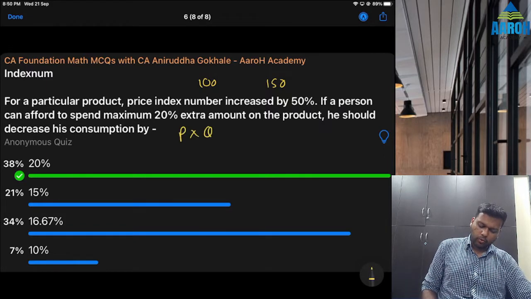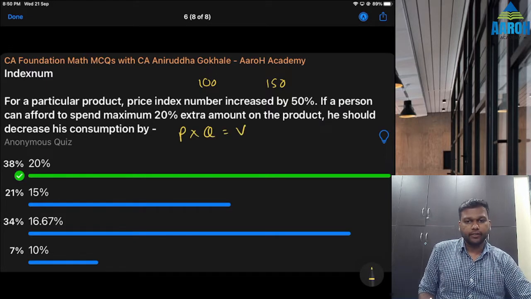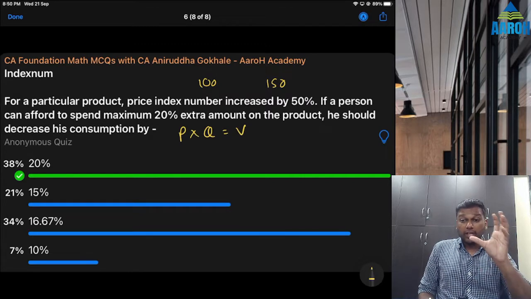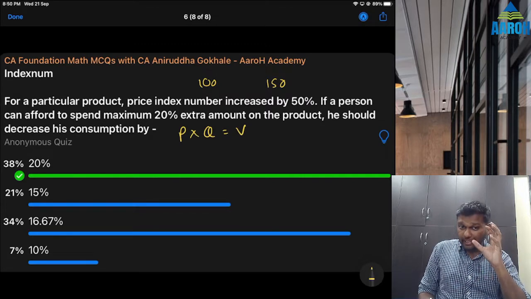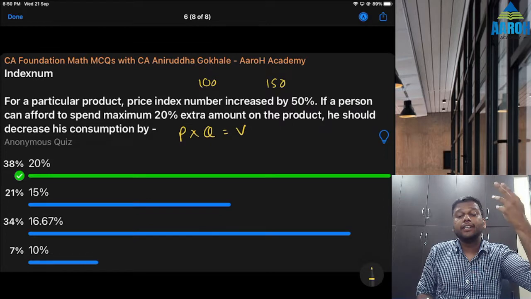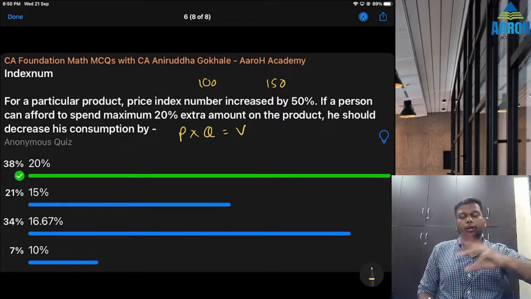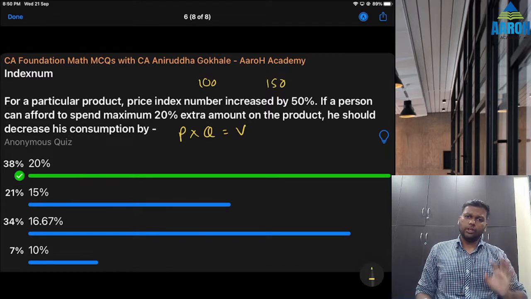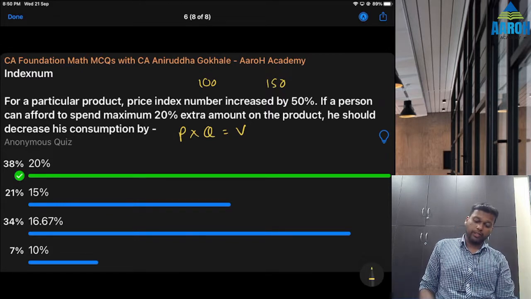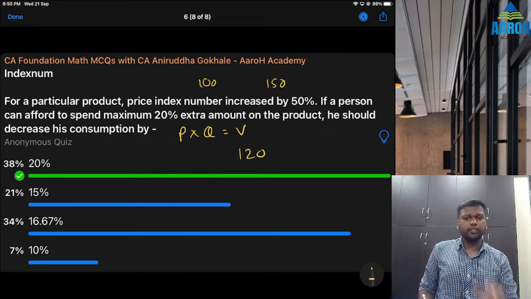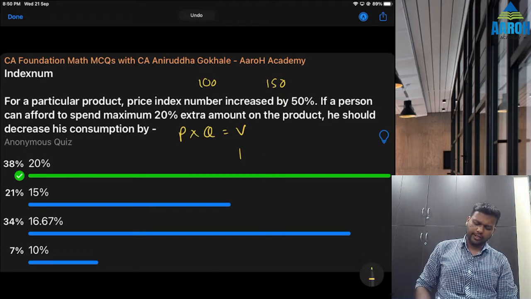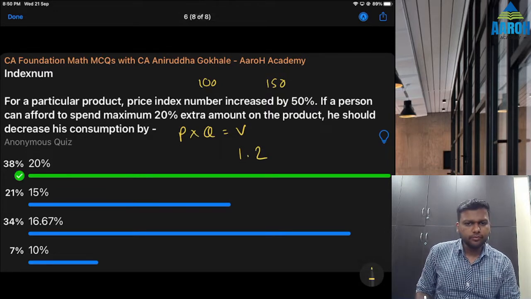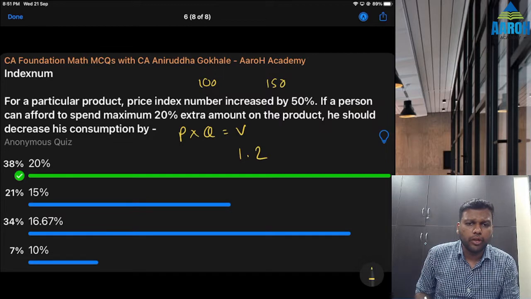Understand, price into quantity is value, right? Now the person is willing to spend 20% extra amount on that product. Whatever is the quantity into price, he is willing to spend 20% extra. So if he was spending 100, now he wants to spend 120. Or let's call it 1.2. If it was 1, now it is 1.2.